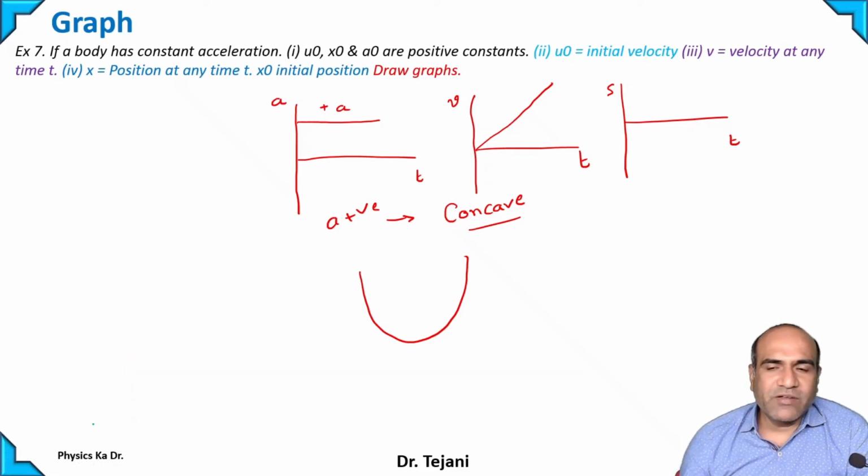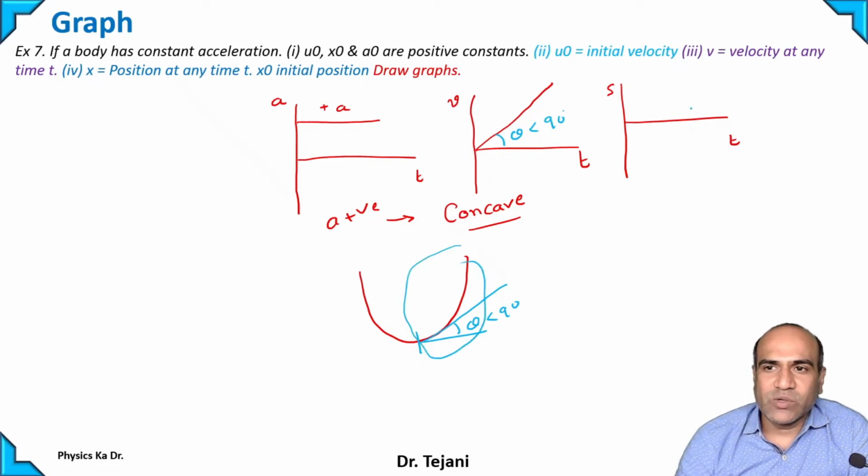But we need to again identify the angle, theta is less than 90 degrees. So similarly, the graph should be positive. If you draw a tangent on this side, theta is less than 90 degrees. So this graph should work. So our answer should be like that.